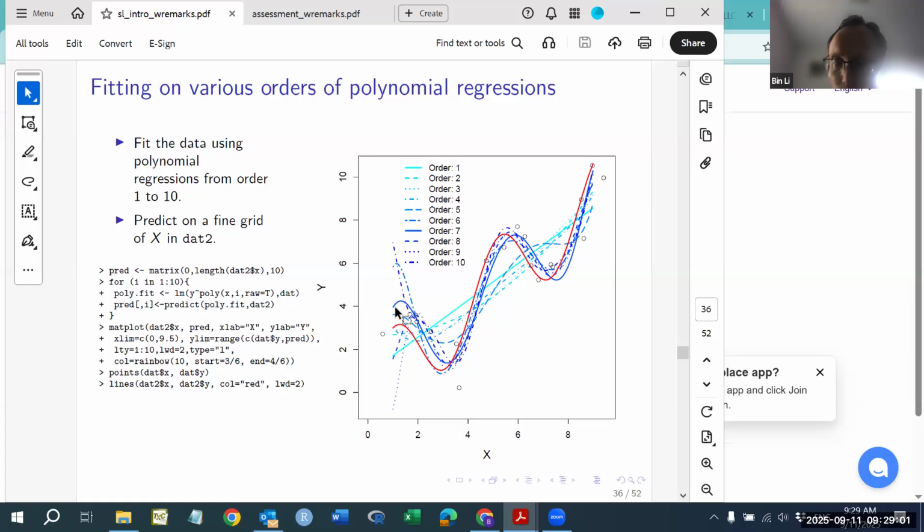The solid red curve is the true function. These blue curves are the fitted polynomial models. When the order is 1, the light blue line is the fitted linear model, and so on. We have 10 models.